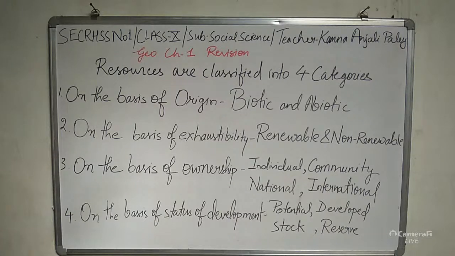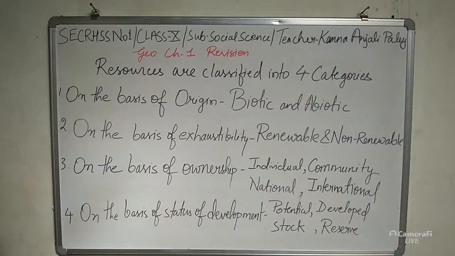For example, petroleum and fossil fuels, coal, all the fossil fuels, petroleum, minerals. These resources took millions of years to produce, and its quantity is limited. That's why it comes in the non-renewable resources category.